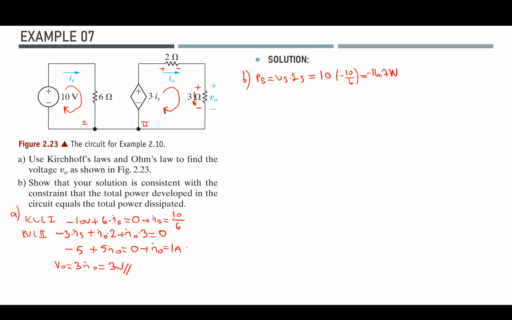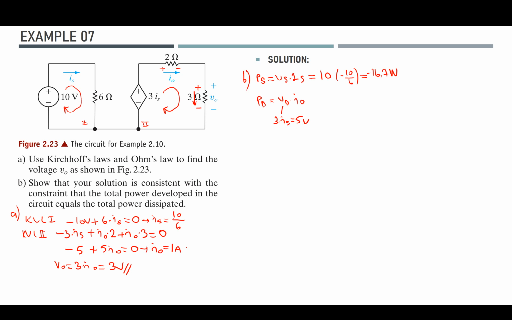Also, for the second, dependent voltage source, I have VD times, let's say, IO, because the IO current is flowing in the negative direction, so its value will be negative, and I know that VD equals 3 times IS, which is 5 volts.